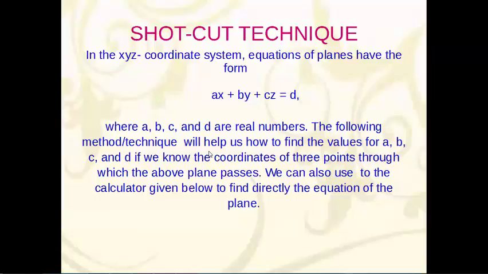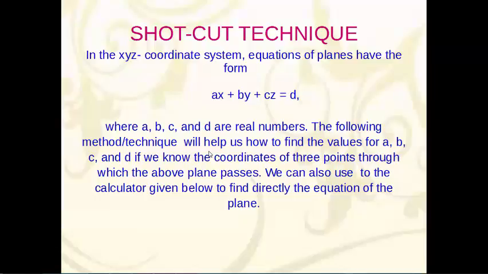We can find the equation of the plane by using a shortcut technique. In general, the equation of a plane is ax plus by plus cz equal to d, where a, b, c and d are unknown real constants. The following technique will help us find the values of a, b, c and d if we know the coordinates of the 3 points through which the plane passes.